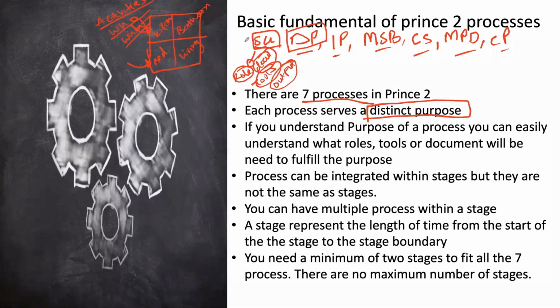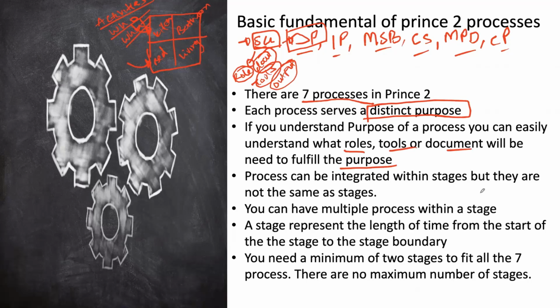It's almost like a compass that allows you to know where you are within your project at any given time. As it says here, if you understand the purpose of a process, you can easily understand the roles, the tools, and the documentation needed to fulfill that precise purpose. And that's some of the things we're going to be going through in this course.